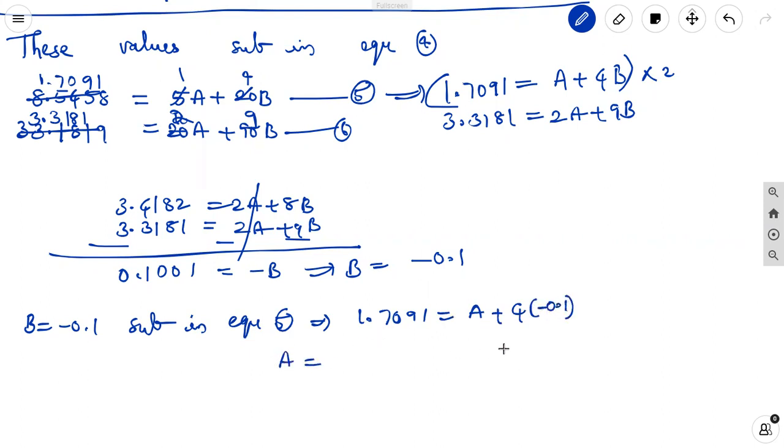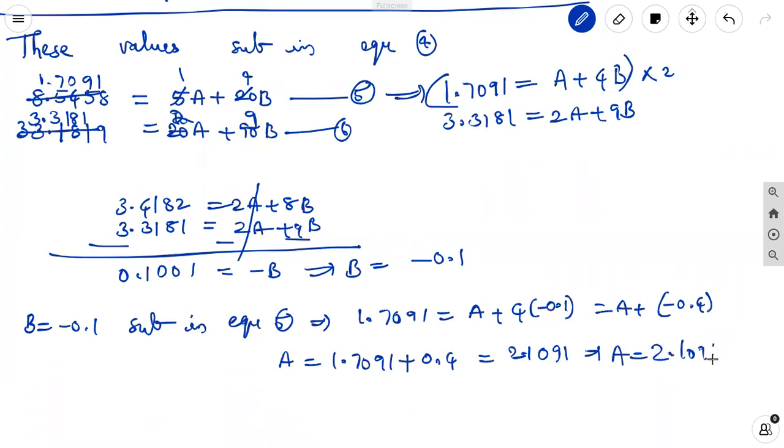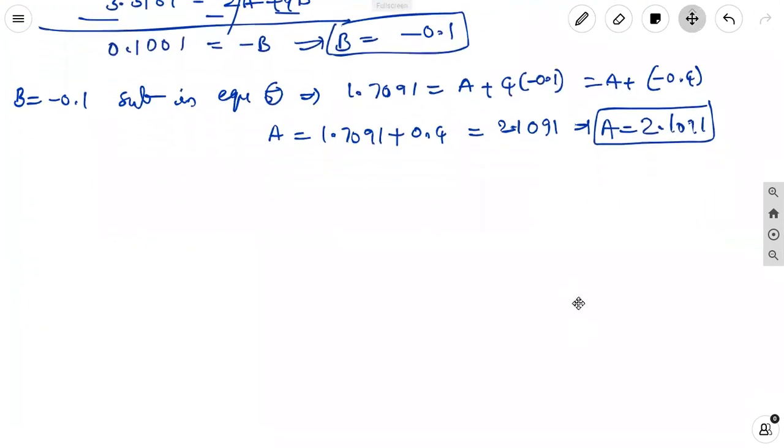So A plus minus 0.4, taking to the left side, A equal to 1.7091 plus 0.4, capital A equal to 2.1091, capital B equal to minus 0.1.